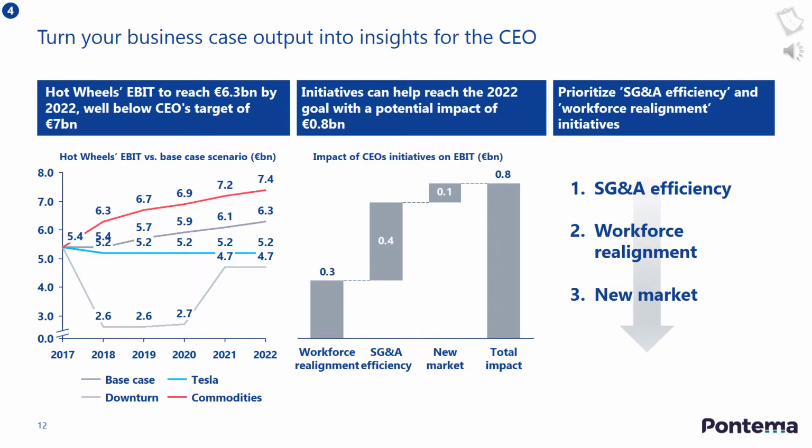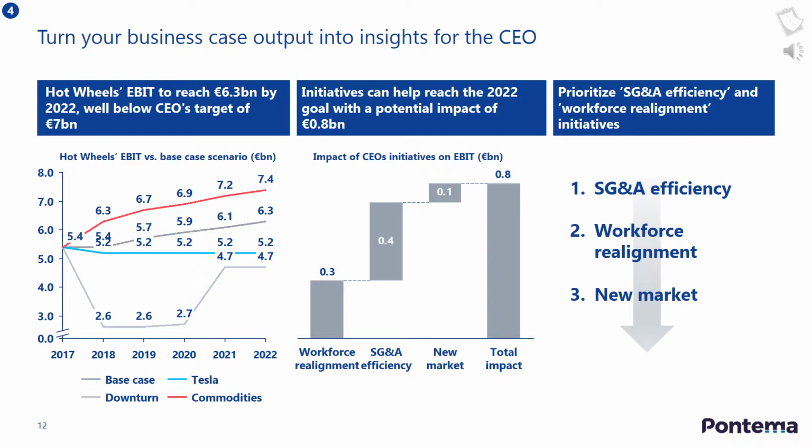Now you are ready to give your final recommendations to the CEO based on your business case output. After computing revenue and cost forecasts, you estimate EBIT to reach €6.3 billion by 2022, well below the CEO's stated target of €7 billion.